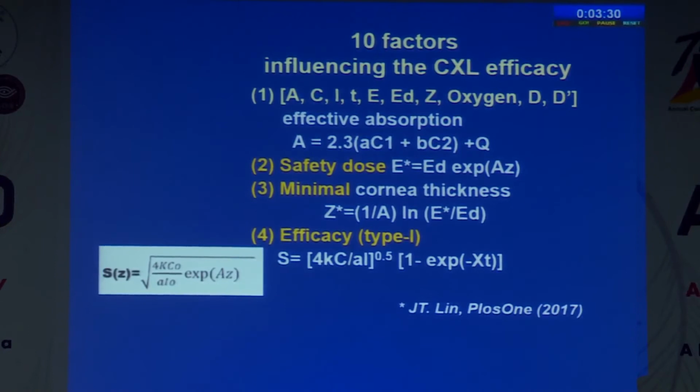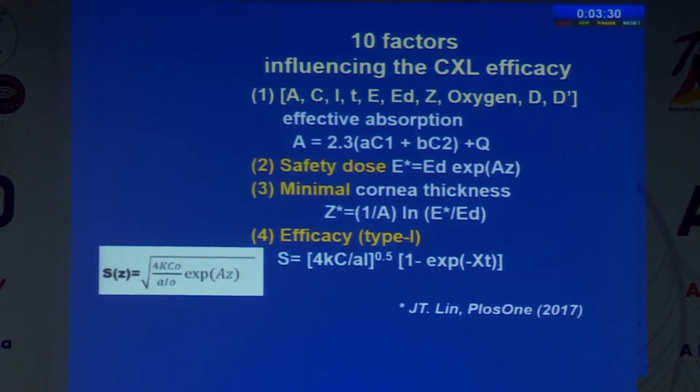You may say this is maybe too many equations, but anyway, there are almost 10 factors that can influence the cross-linking efficacy. So I put a notation including the absorption and the concentration, the light intensity, the irradiation time, energy, and also the damage threshold, the depth, oxygen diffusion rate, and so on.